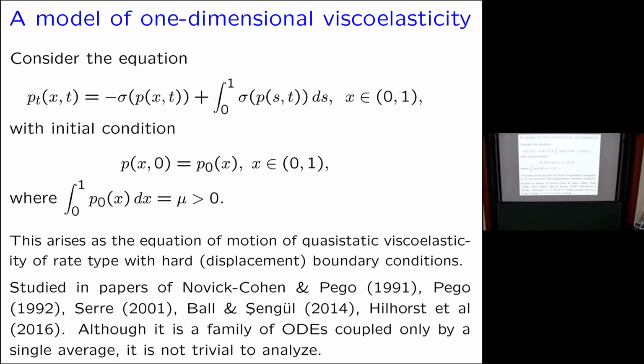So you see, it's a family of ordinary differential equations, essentially the same ordinary differential equation, except, for each x, it's p dot equals minus sigma of p, except you add on this average. So it's coupled by a single average. Well, that doesn't look too difficult, but it's actually quite tricky to analyze.